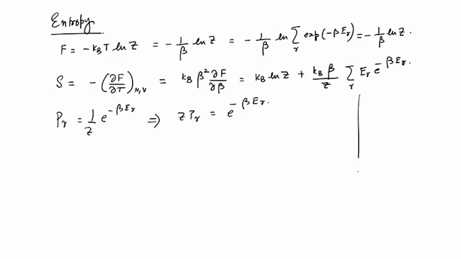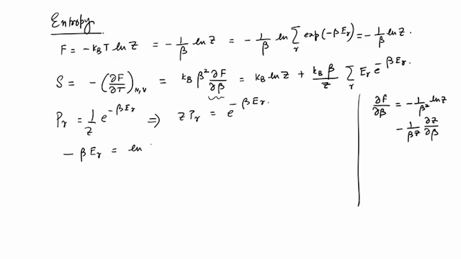Let us just see this one more time. This del F del beta that you see here is equal to minus 1 over beta square log Z minus 1 by beta Z del Z del beta, and now you can get the expression that you see there. So, Z P_r is equal to exponential minus beta E_r, so minus beta E_r is equal to log of Z P_r.